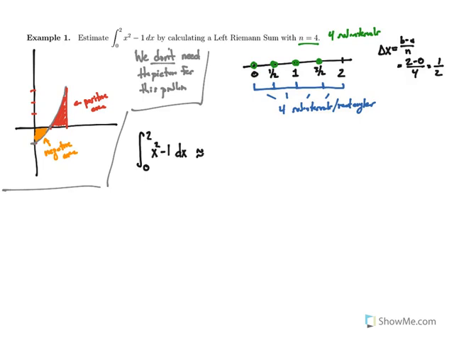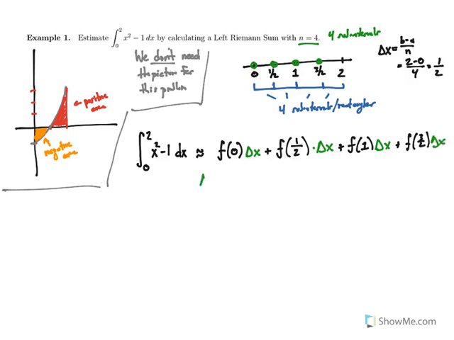is going to be approximated by this left Riemann sum, where I'm going to take the function value evaluated at 0 times delta x, plus the function value at 1/2 times delta x, plus the function value at 1 times delta x, plus the function value at 3/2 times delta x.